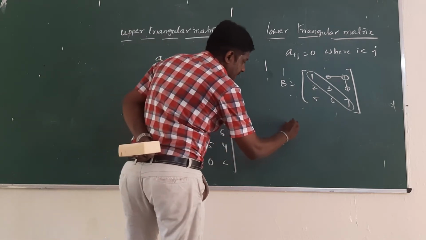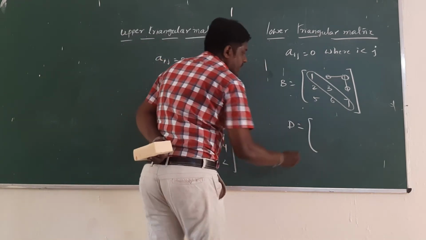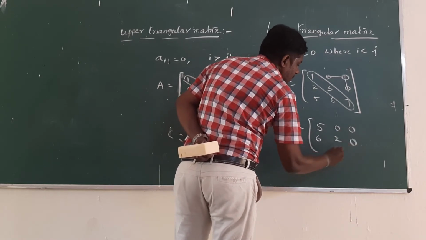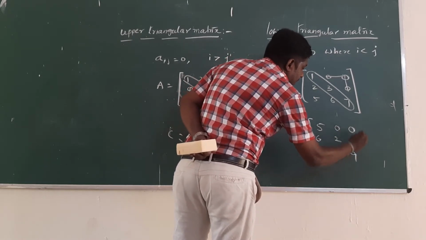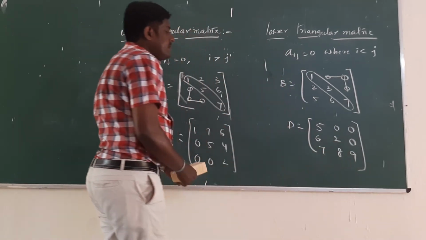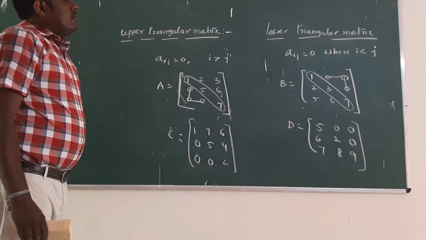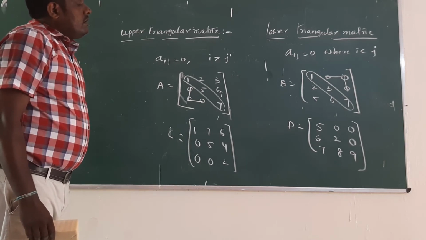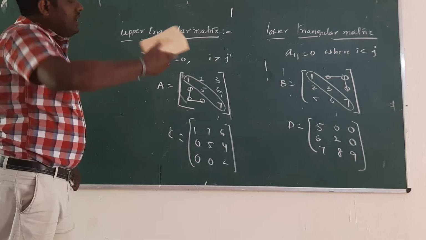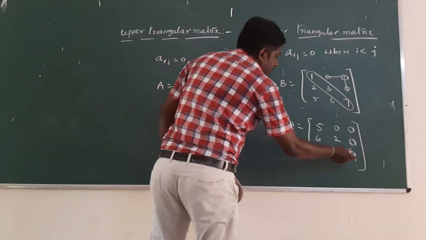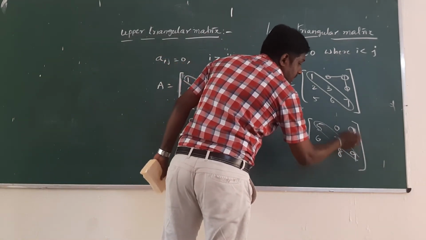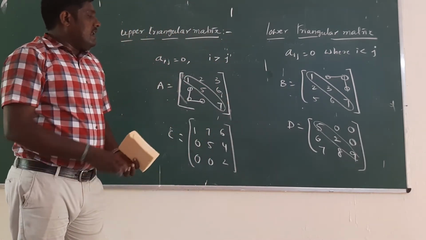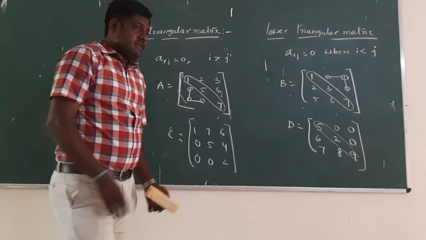Next, matrix D: 5, 0, 0, 6, 2, 0, 7, 8, 9. Which elements are 0 here? The elements present above the principal diagonal are 0. Then this is called a lower triangular matrix.